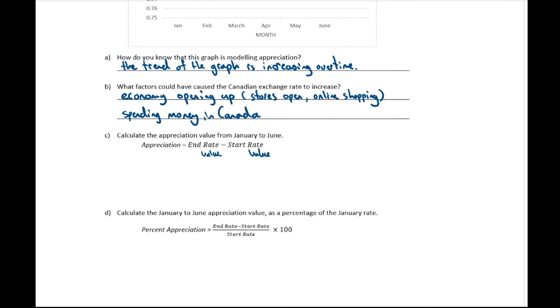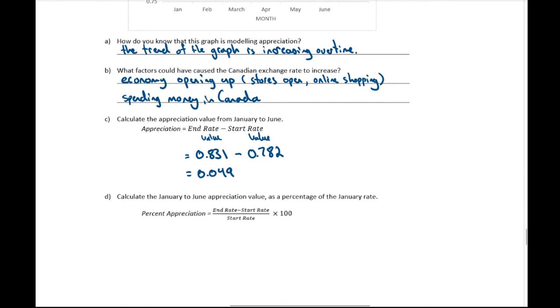Here we're looking at rate for exchange, so we'll use rate. But either way, we take the end value, or the end rate, which was $0.831, or 83.1 cents, minus the initial, or the start, which was 78.2 cents. So basically we get an appreciation, or an increase, of 4.9 cents, or $0.049.